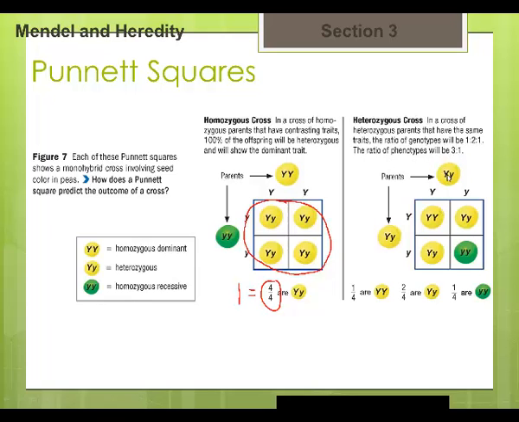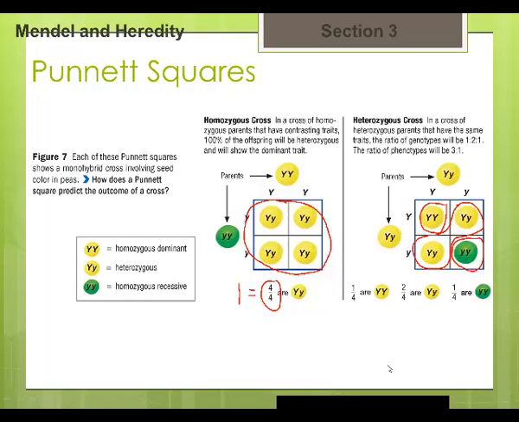So if we cross these two heterozygous parents, we end up with 1/4 of them being homozygous dominant, 2 of the 4 are heterozygous, and 1 of the 4 is homozygous recessive.